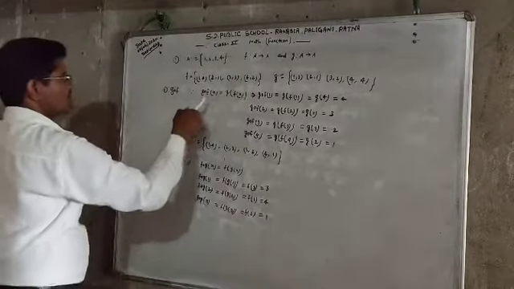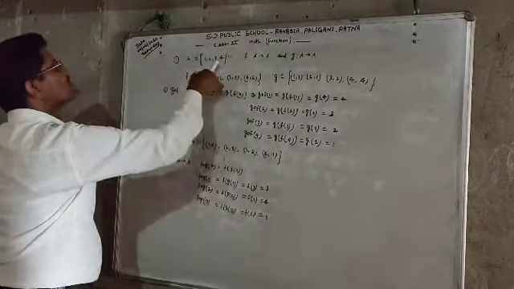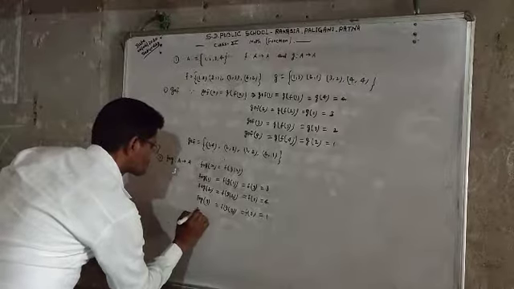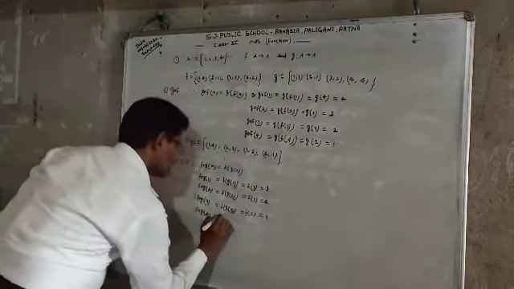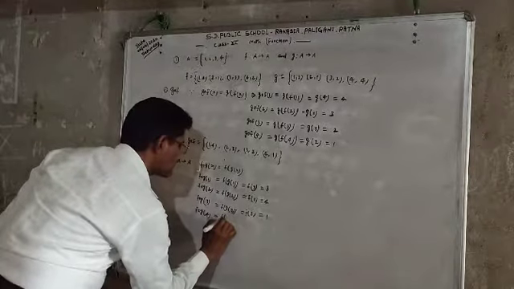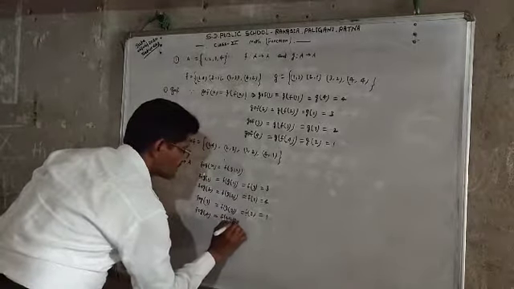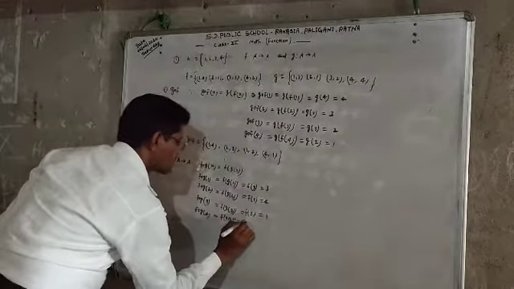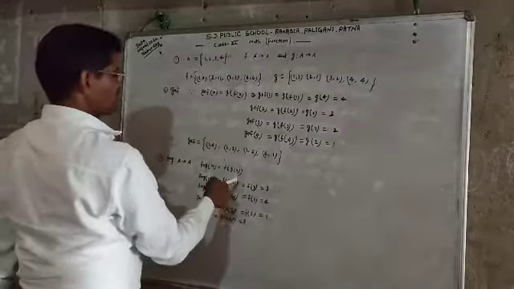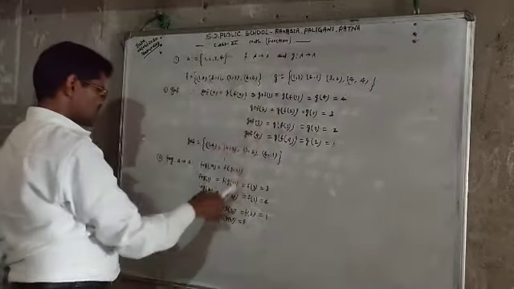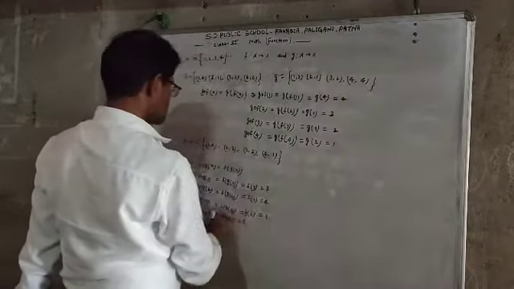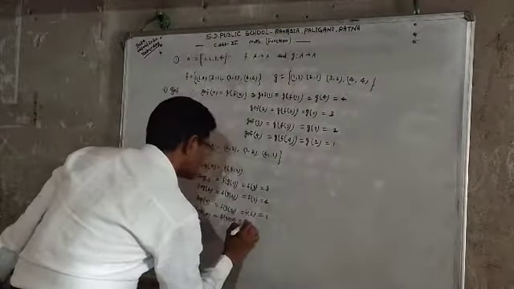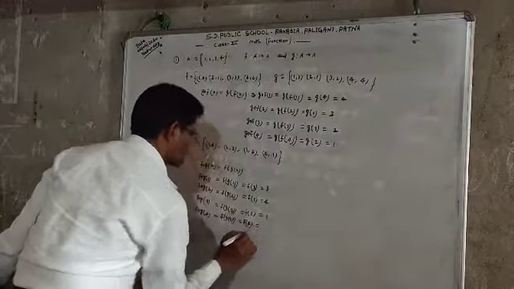Now we have to find the image of the last element 4, means FOG4. FOG4 is equal to f of g4. G4 we can see in the second function, the image of 4 is 4, means g4 equal to 4, means we have to find f4.